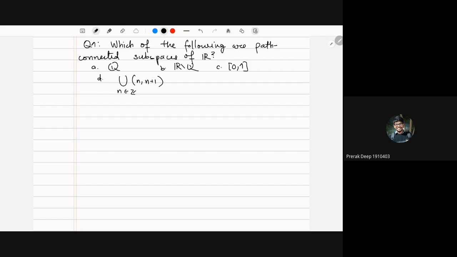Okay. So let me write down what we mean by path connectedness. Let us quickly recall what we mean by path connectedness.